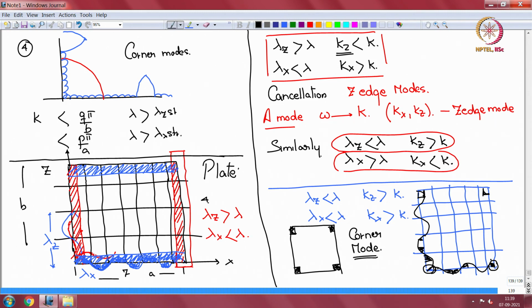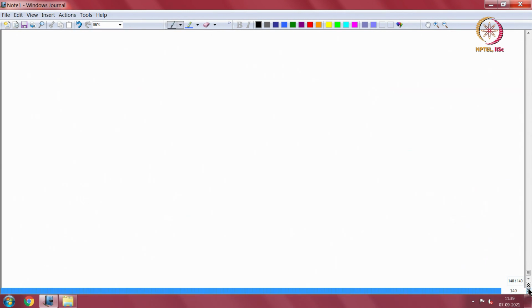Let us see now the progression. Suppose there is a mode. Now let me write it in some way: V tilde pq sine p pi x by a sine q pi z by b. And again we keep vpq constant.